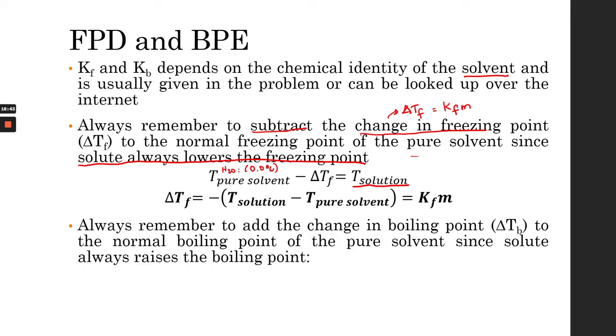As for boiling point elevation, always remember naman to add the change in boiling point, delta TB, to the normal boiling point of pure solvent, since solute always raises the boiling point. What that means is yung original temperature ng pure solvent, halimbawa sa water, yung normal temperature niya to boil is 100 degrees Celsius.